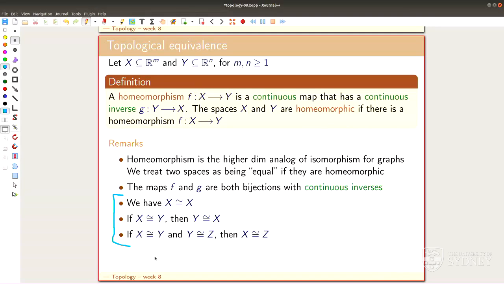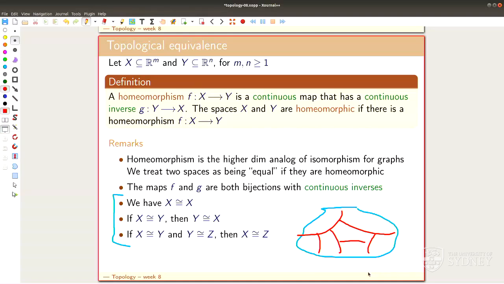In other words, this is an equivalence relation, and exactly the equivalence relation we like to throw onto our spaces, and it partitions our spaces. So here's a set of our spaces, and it will partition them in homeomorphism classes, and we'll see several examples as we go along. So this is the equivalence relation that determines topology. It looks very strange, but as soon as you see examples, I promise you it's actually not so bad.